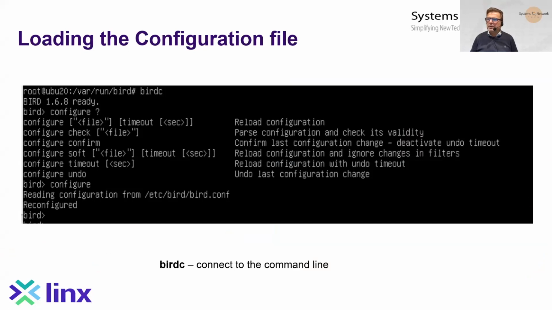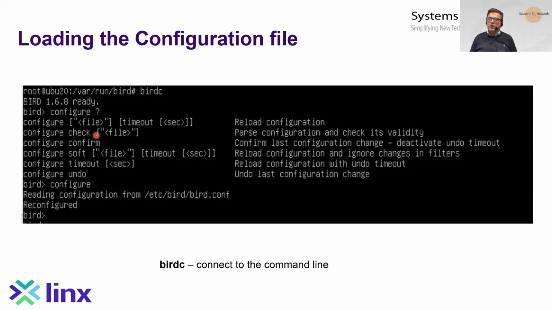In order to connect to the command line, we use birdc, and it'll give us a quick status. It'll tell us what's running, and the prompt will change to a greater than sign, showing bird before the greater than sign here. So birdc effectively connects us to our command line.